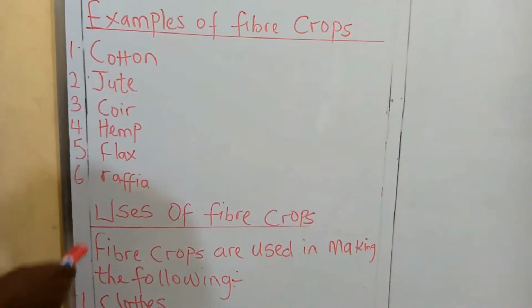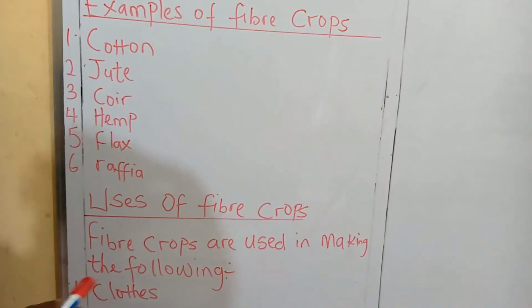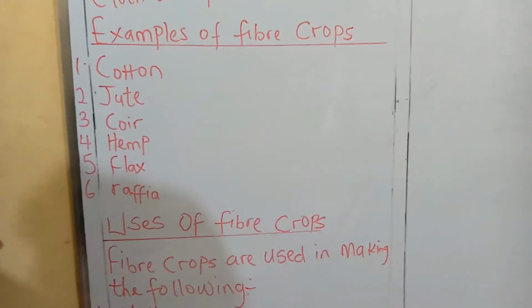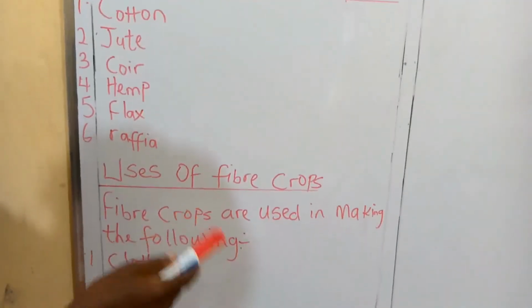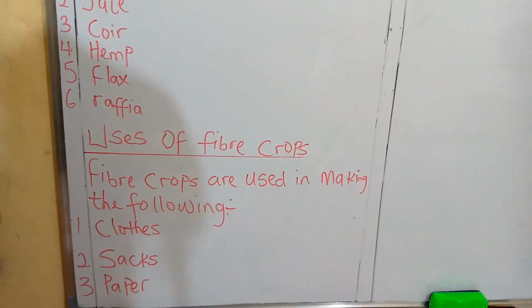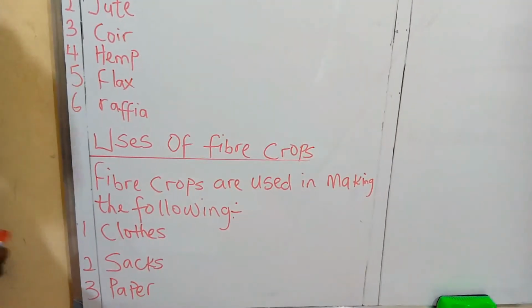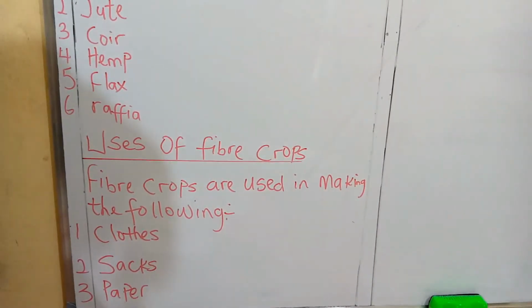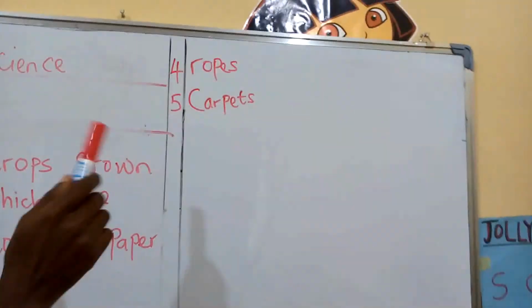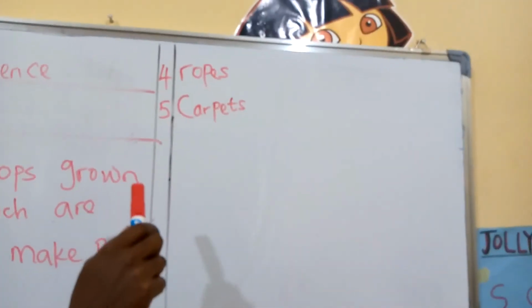We also stated some of the uses of fiber crops. Fiber crops are used in making the following. Number one, clothes. Number two, sacks. Number three, paper. Number four, ropes. And number five, carpet.